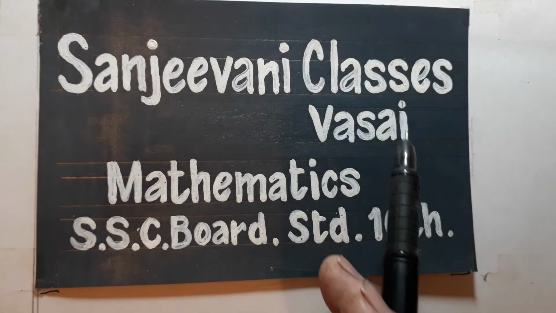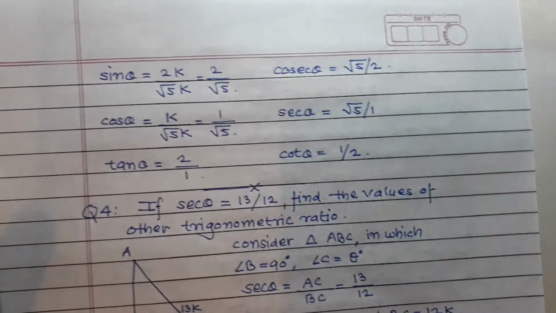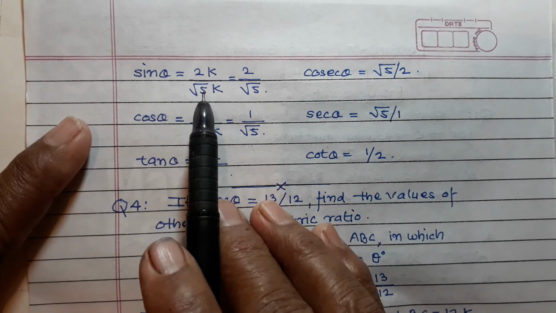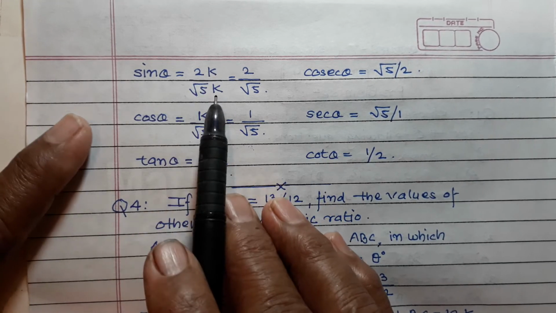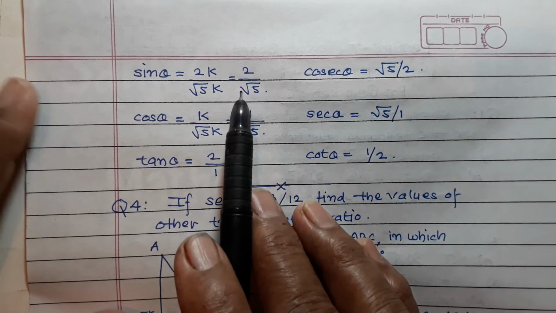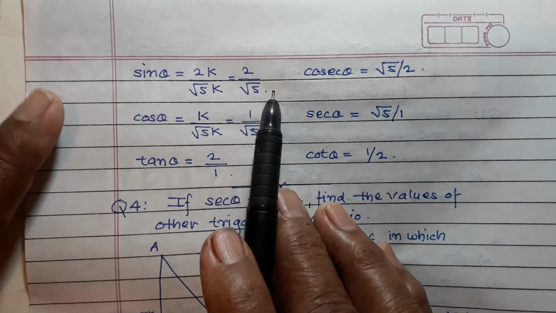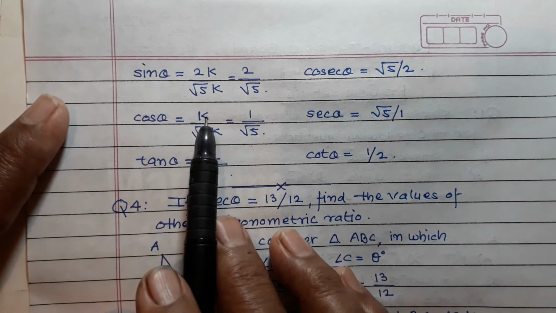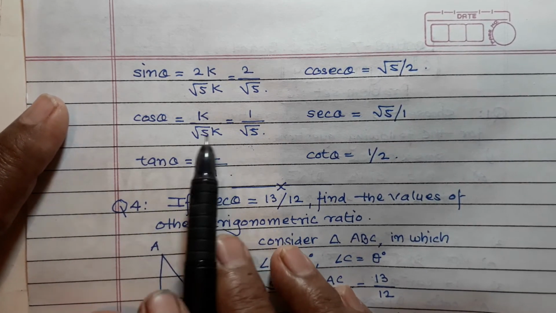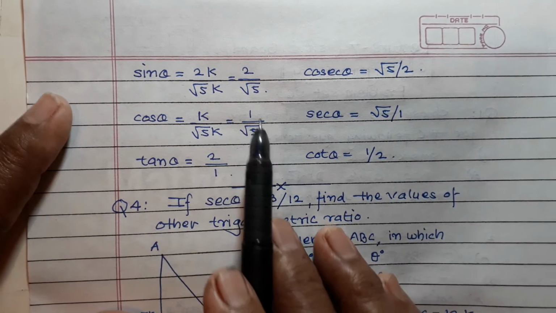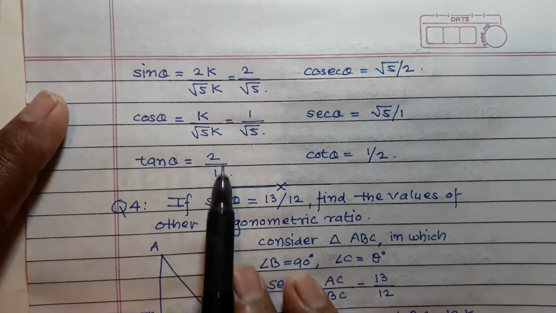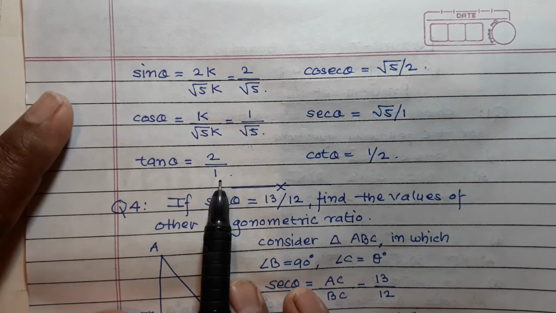And therefore sin theta is equal to opposite side upon hypotenuse, 2k upon root 5k. K gets cancelled, is equal to 2 upon root 5. Cos theta is equal to adjacent side upon hypotenuse, k upon root 5k is equal to 1 upon root 5, and tan theta is equal to 2 upon 1.